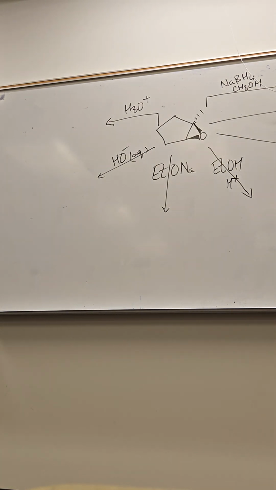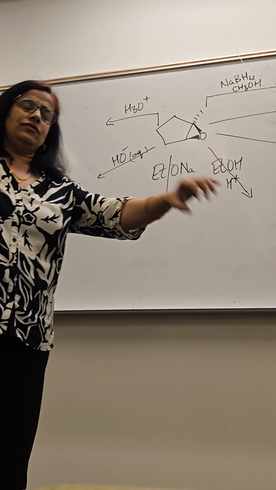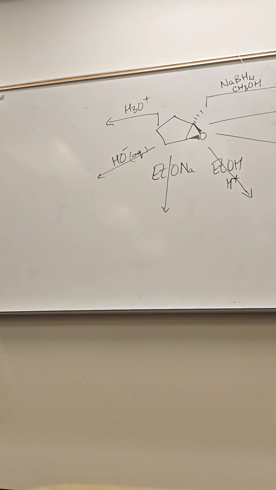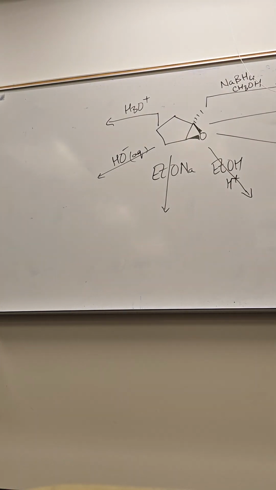If the epoxide ring opens under non-acidic conditions, where does the nucleophile go? To the least substituted carbon. When the epoxide ring opens under acidic conditions, where does the nucleophile go? To the more substituted carbon, and on the opposite side. So you also have to keep that stereochemistry in mind. Please tell me what the outcome would be for each of those.